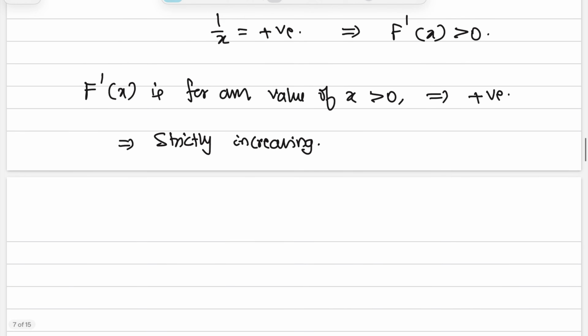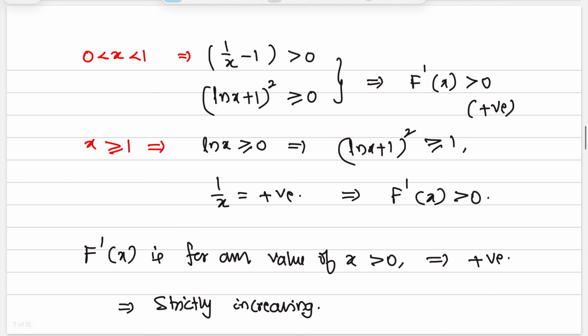Next, in and around 0, what happens? Here we have taken 0 less than x less than 1. If x is in and around 0, that means a little more than 0, 0 plus, positive 0.